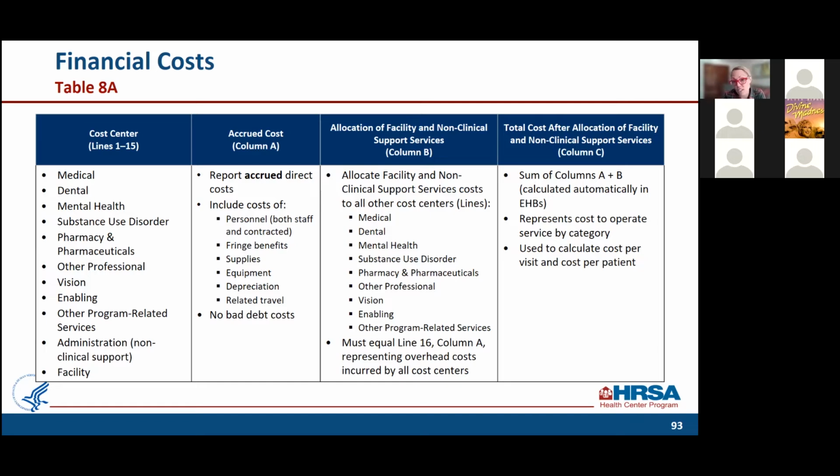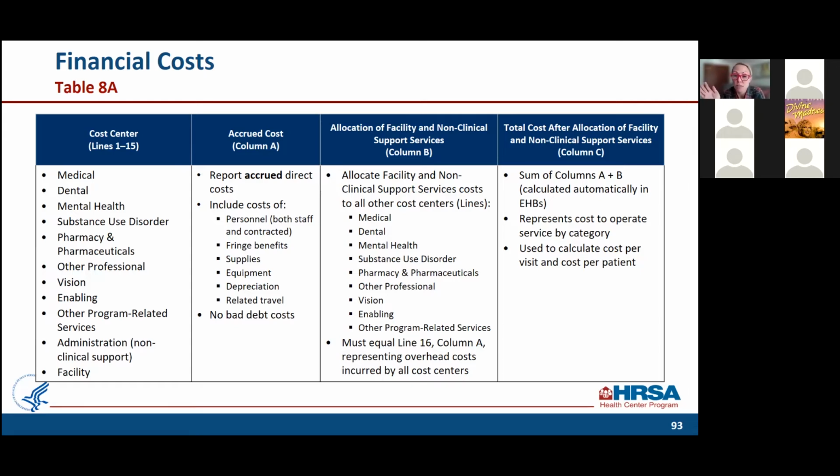Facility and admin costs are reported in column A on lines 14 and 15, and then allocated as overhead in column B. In this way, table 8A provides a uniform definition of overhead. The result of reporting costs in this way are total costs by cost center.